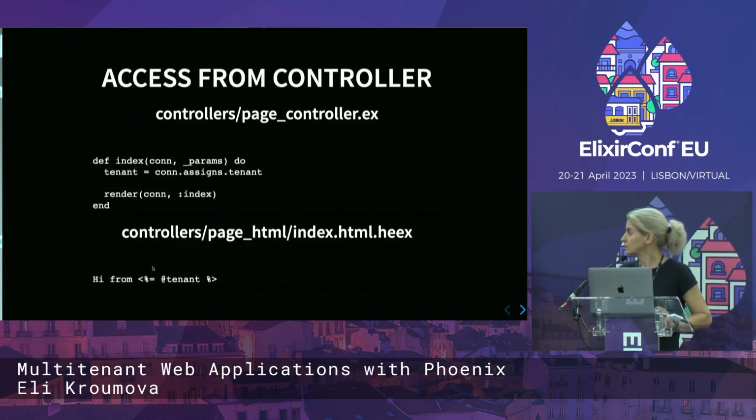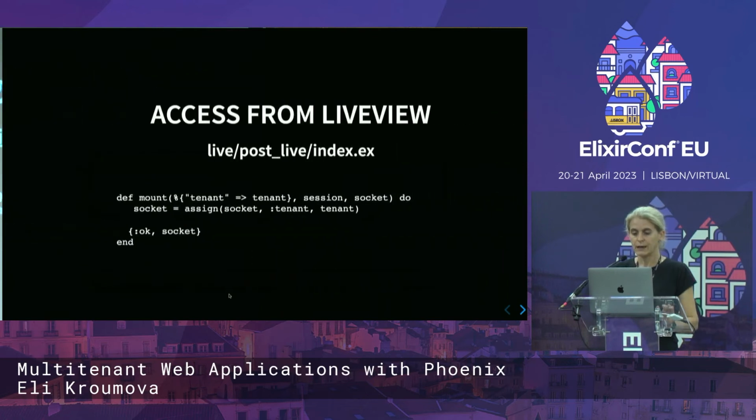Then in your code, if in your controller you already have access to the tenant parameter, like assigned in the connection struct, you can take it from there and then make the calls to your context functions in order to get the data for this tenant. Also, you have access to the tenant in your views.